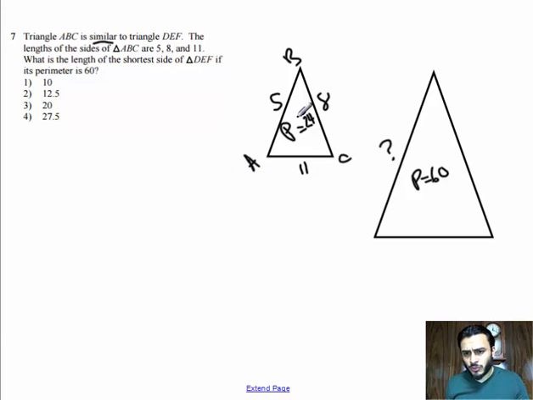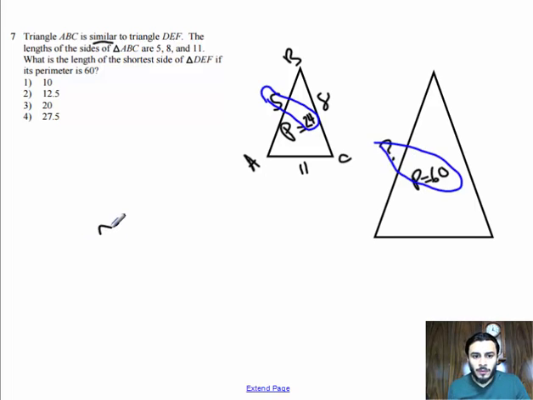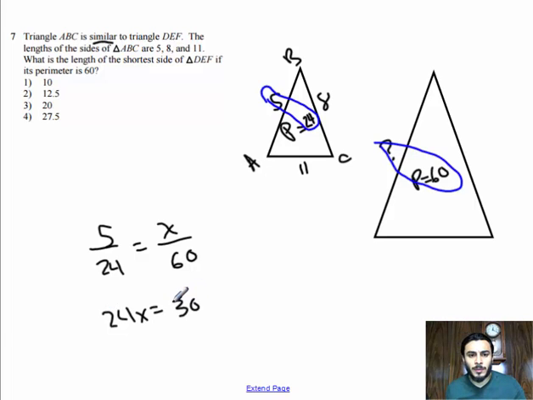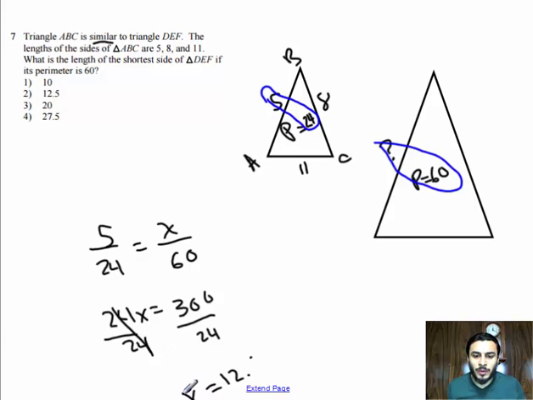So I can do 5 over 24 equals x over 60 to find that missing side. Cross multiplying, you get 24x equals 60 times 5, which is 300. Then we divide both sides by 24 and we get x equals 12.5. So the answer is choice 2.